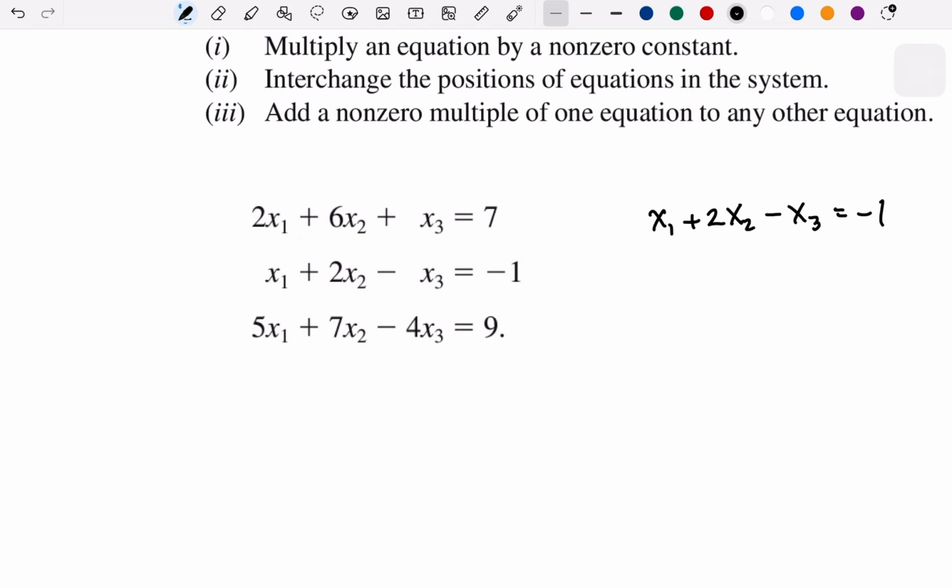Nothing happened, just changing the order. I will show you one by one, slowly, how the process works step by step. And then this will be the last one.